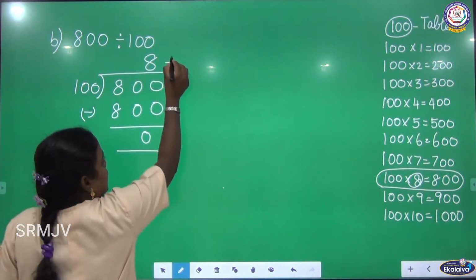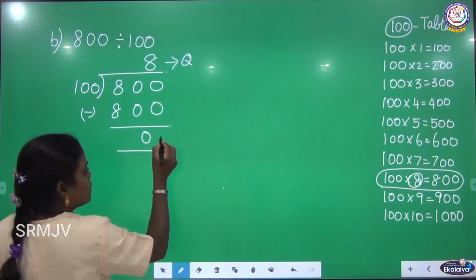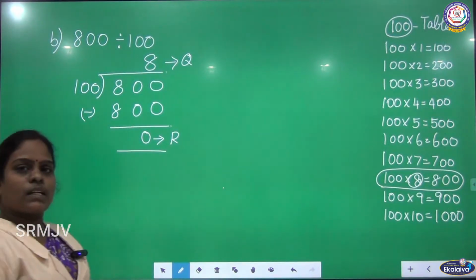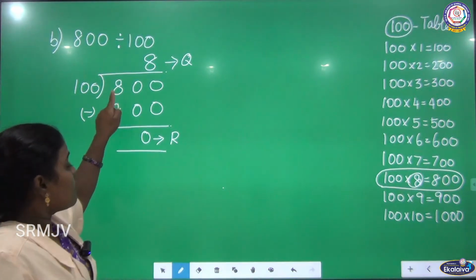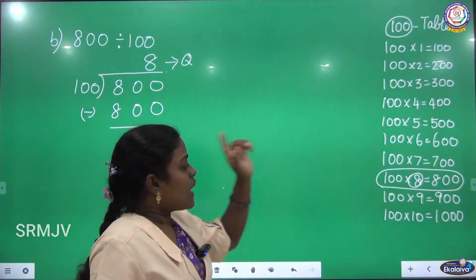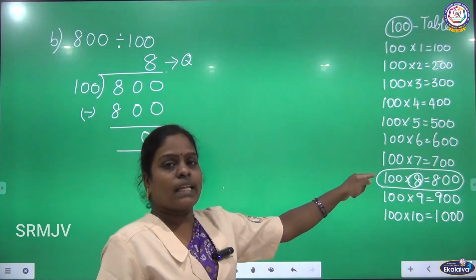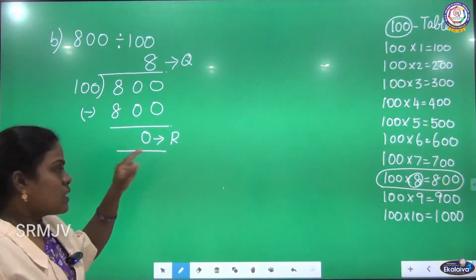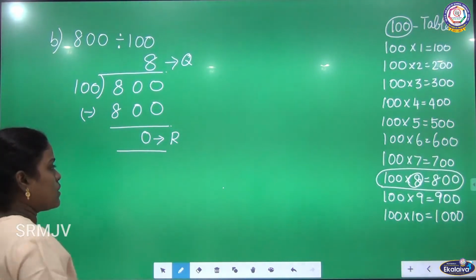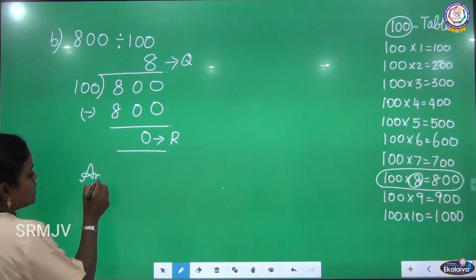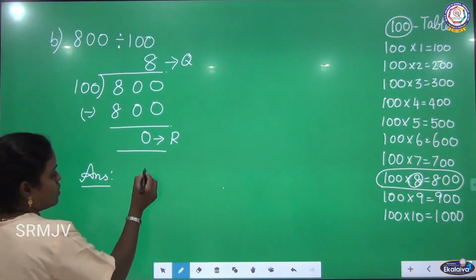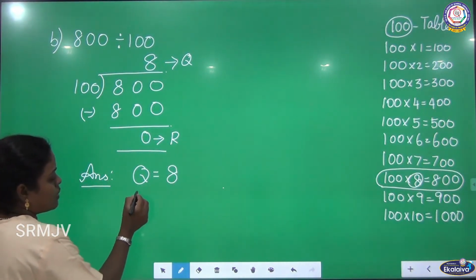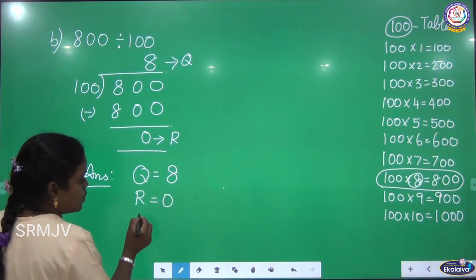So here 8 is the quotient, 0 is the remainder. Is this clear, children? In this sum we are getting the dividend exactly in the table, 8th time we are getting. So I have written 8 in the quotient, 0 is the remainder. Now let us write the answer. Quotient is 8, remainder is 0.